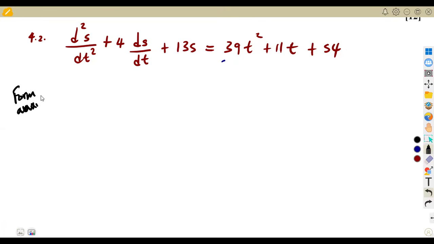And the conditions that you're supposed to use, remember our conditions for the auxiliary equation: ds/dt, which, if it was dy/dx, that part of dy/dx will be equal to r.